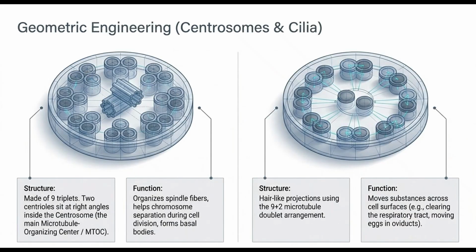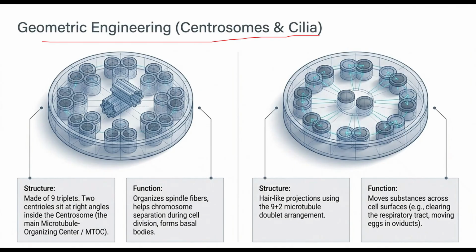Now let's see the centrioles and cilia. So we will compare the structures of centrioles and cilia here. Okay. So centrioles are cylindrical structures composed of 9 triplets of microtubules. Okay. So they have 9 triplets of microtubules, as you can see here.